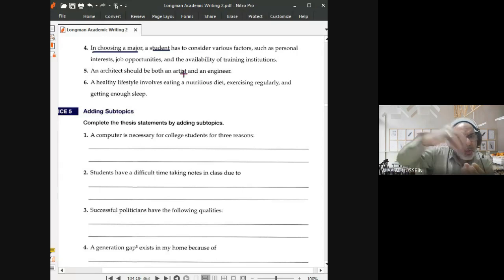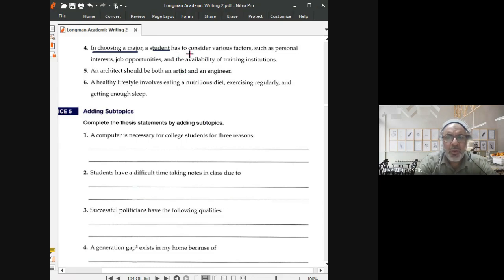We are giving our opinion about choosing a major. Because choosing a major is the topic we are talking about, and the writer gives his or her idea, the controlling idea, about it.